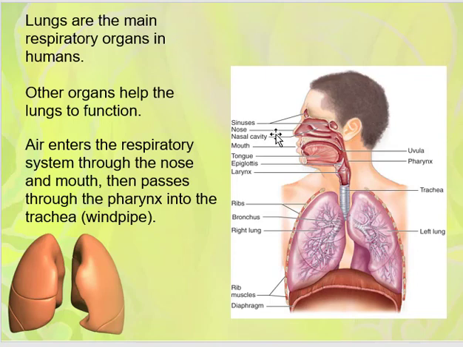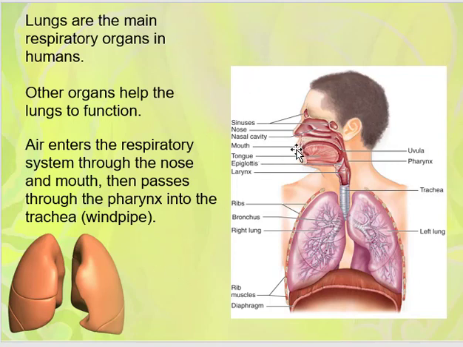It also, because there's a lot of blood vessels up here in your nasal cavity, which reaches far back into the skull, warms up the air. Okay? So the air is warm, and then as we breathe out through the nose, it pulls the warmth out of that air so that the air is not as warm, and we conserve heat in our bodies. All right?